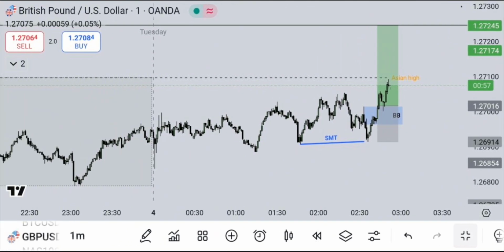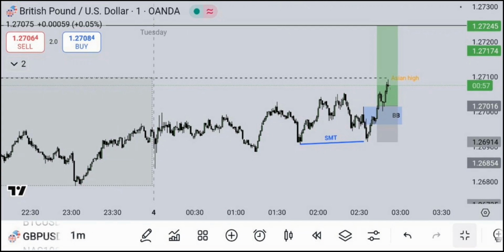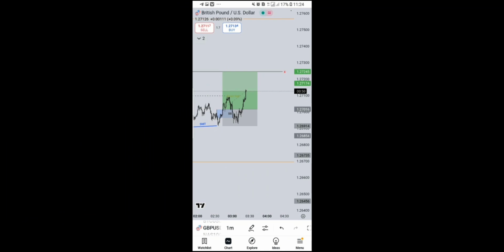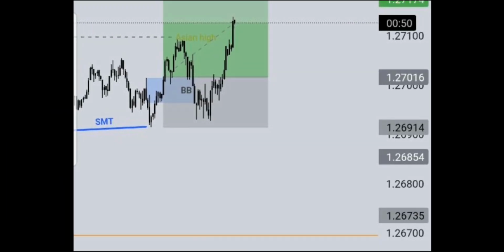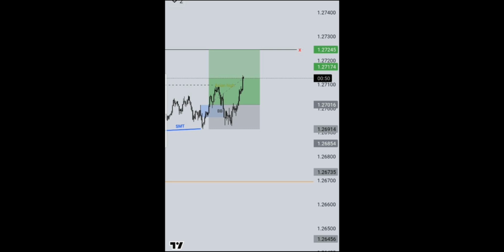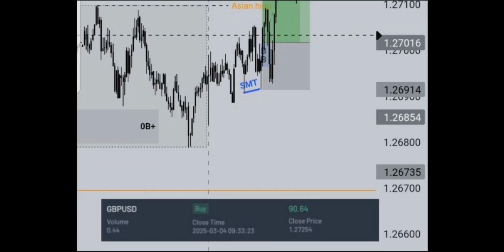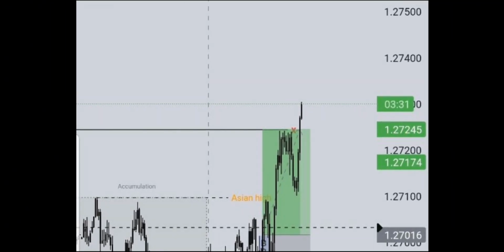So Euro USD had swept this low, but this one instead made a failure swing. So I had to take it, and it provided that entry, though it had almost taken me out. I still held my trade, and yeah, kaboom, passed that phase.